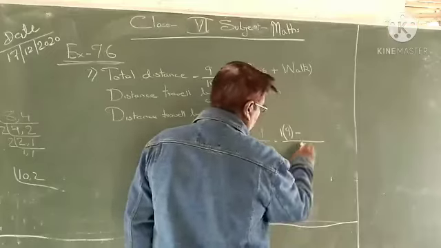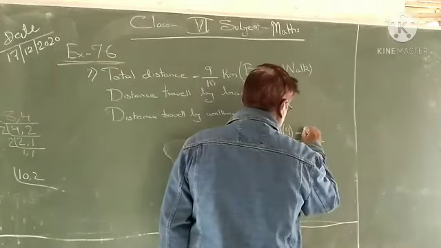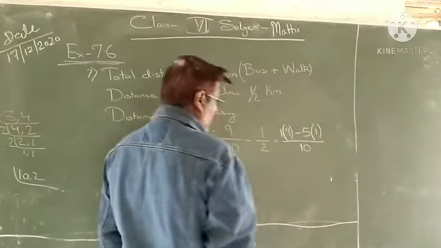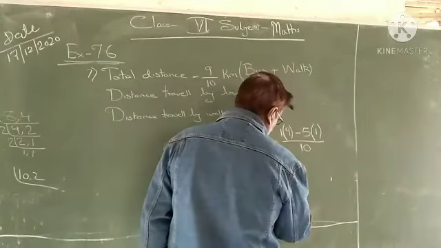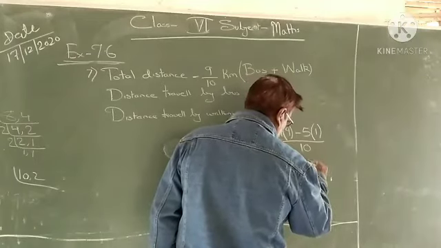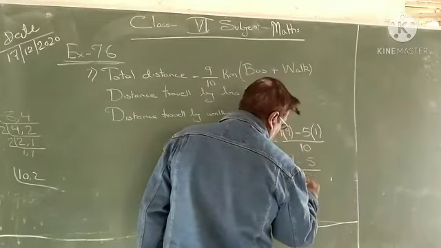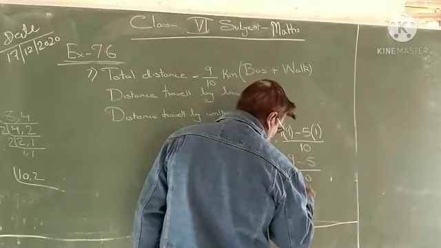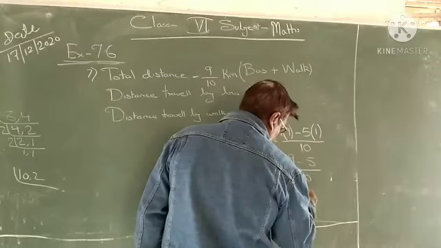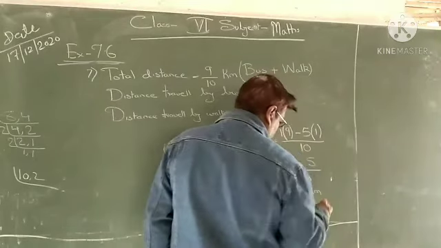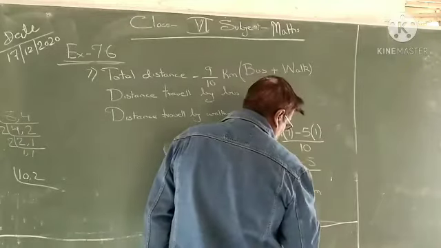And 2 comes 5 times in 10, so 5 into 1. If you calculate this, it comes as 9 minus 5 by 10. Sorry, I apologize.